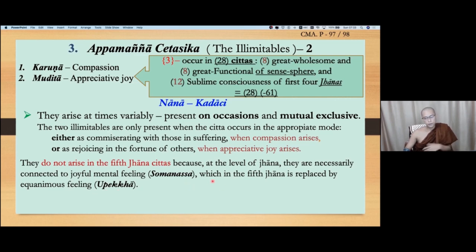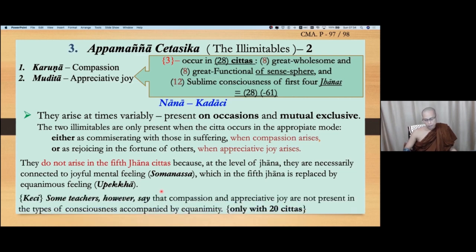They have different natures according to the feeling. So Karuna and Mudita need the support of somanasa at the jhana level, but the 5th jhana has the feeling of equanimity. That is why they are not matched with each other. So the 2 mental factors of illimitables cannot arise with the 5th jhana.